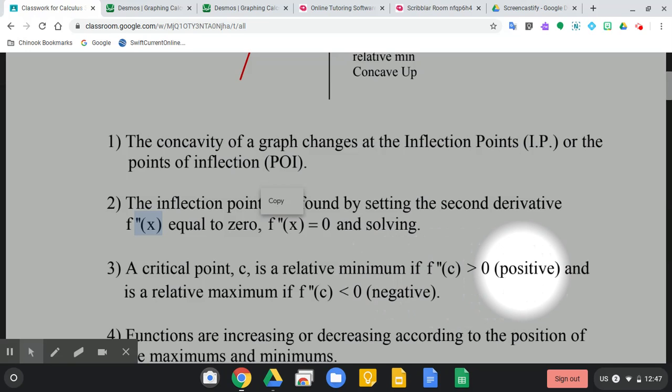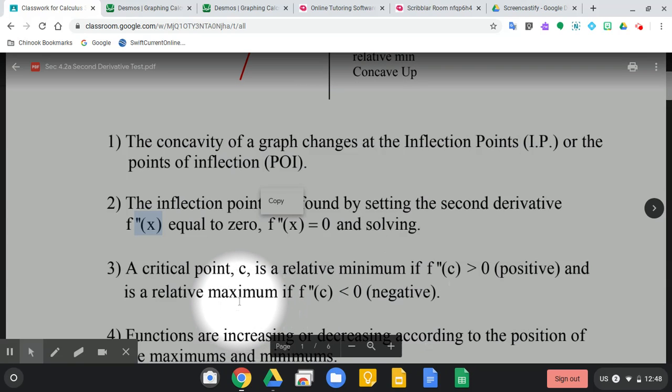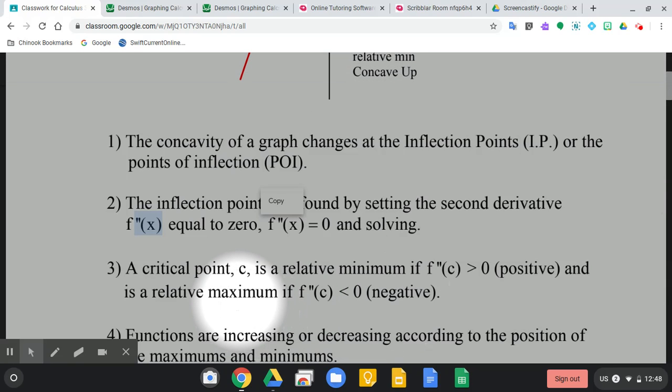If I take my critical value, substitute it into the second derivative and get a positive answer, it will be a minimum. If I take my C value, substitute it into my second derivative, and my answer is negative, that means that that critical point is going to be a maximum. And after we do a couple examples, you'll see how easy this is to deal with.